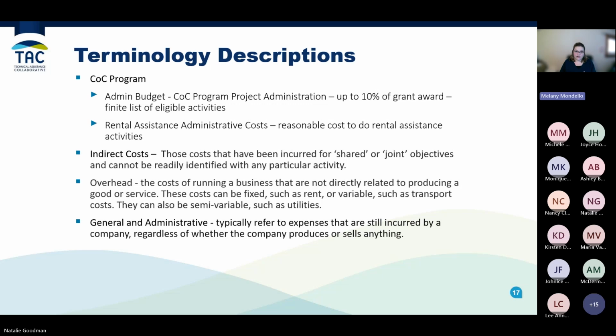And then general and administrative, again, these are the expenses that are incurred by a company, and they're incurred whether or not you produce or sell anything. So like your main office costs, they're there, whether you have 2 awards, 20 awards, or 50 awards. Those are just things that are part of the agency, and your cost allocation plan will talk about how you're going to charge those things out based on the projects you have and the types of expenses they are.